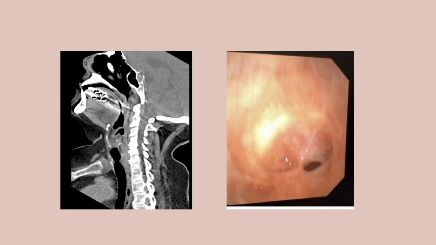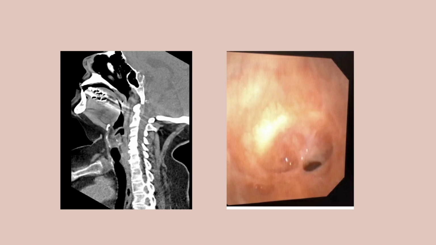But in fact, during endoscopy, it looks a lot worse. This area is only about 4 millimeters. I could not even pass the P190 scope through this. So obviously, CT can underestimate the obstruction.